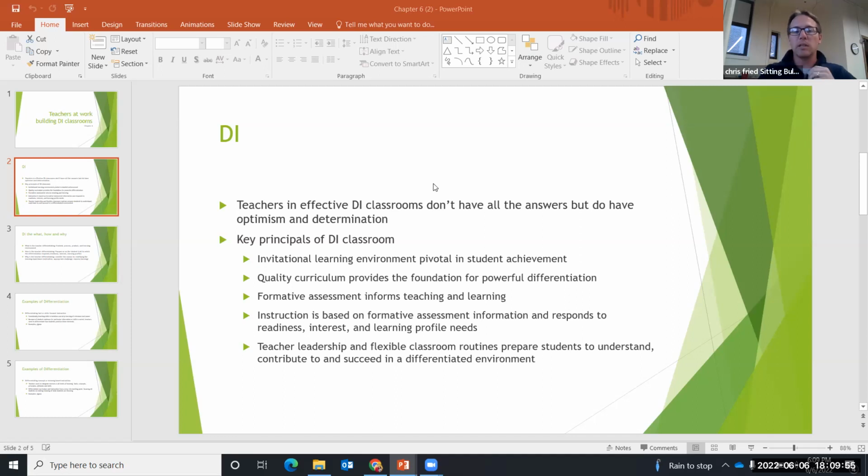Okay, so if you look at these different principles of the differentiated instruction classroom, I think these are some important points to remember. The invitational learning environment is pivotal in student achievement. Think of the classroom environment, right?